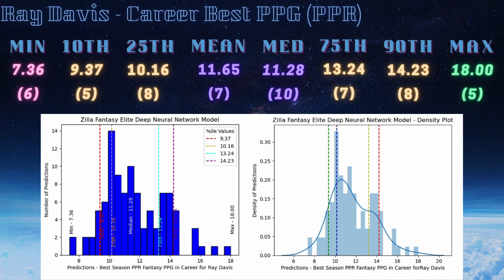So neural network model looking like it likes him. The RStudio model looking like it likes him as well. Those two usually conflict each other oftentimes unless they're a really good running back.